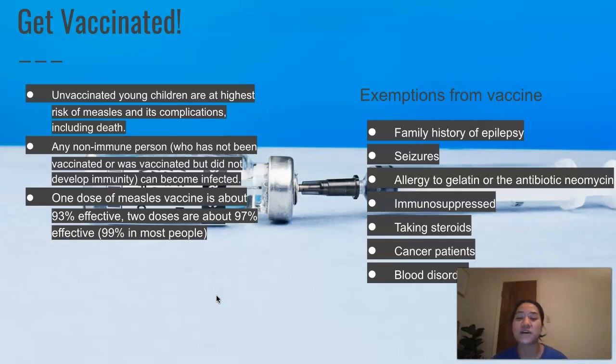Two doses is about 97% in some, but 99% in most people. There might be complications or exemptions from the vaccine if there is a family history of epilepsy, seizures, allergy to gelatin or the antibiotic neomycin, immunosuppression, taking steroids, cancer, and blood disorders.